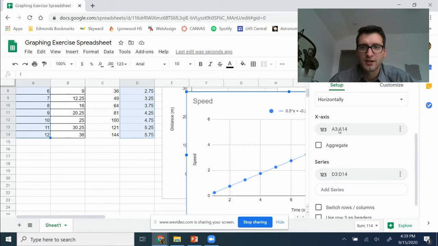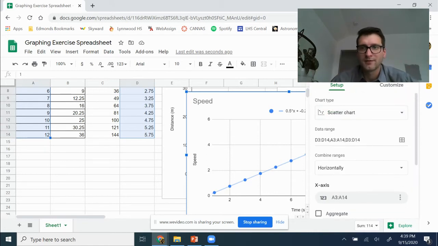Make sure that they both start with row 3, or whatever row it corresponds to on yours. You shouldn't have this be A3 and this be A2 or D2. You don't want them split, if that makes sense. So just be careful of that.